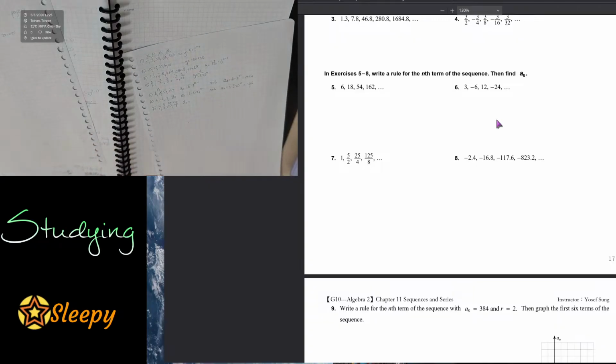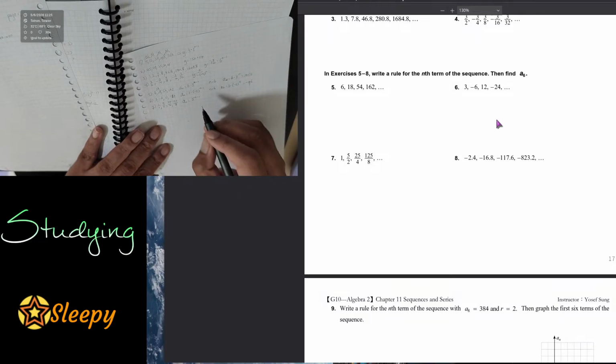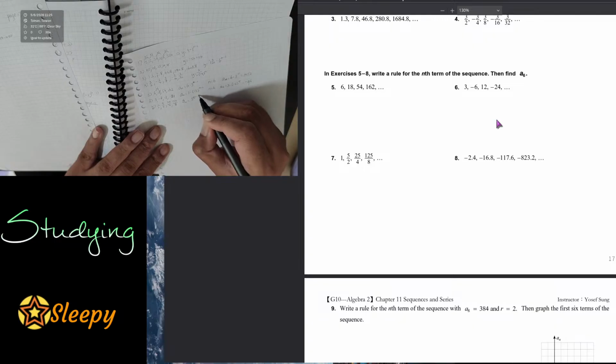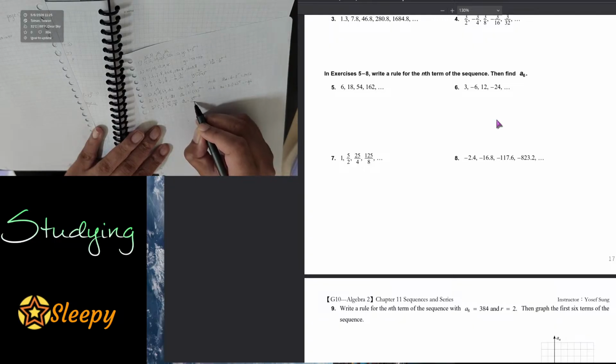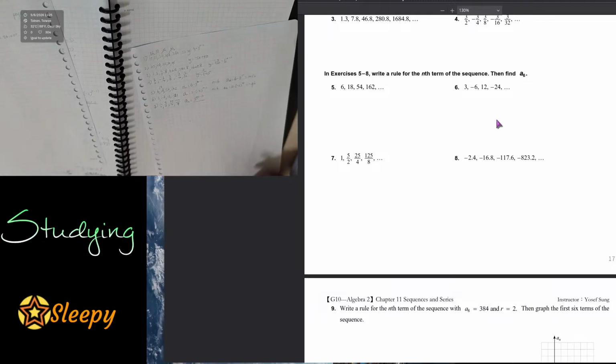So 5 to the power of n minus 1, and then divided by, those are 4 times 1.